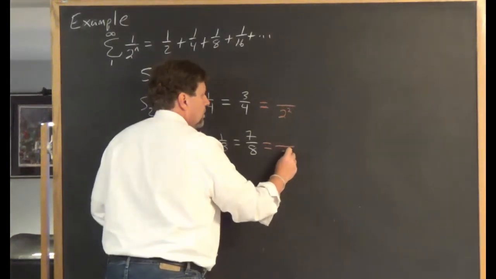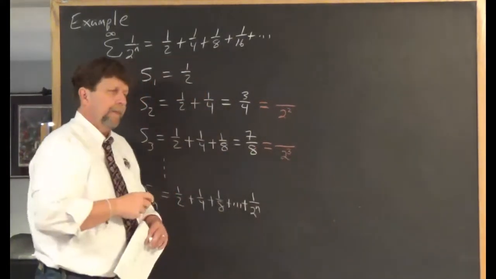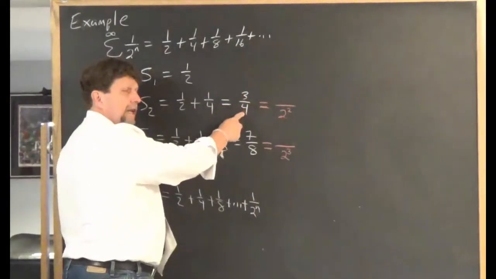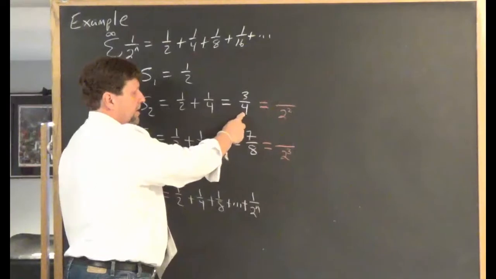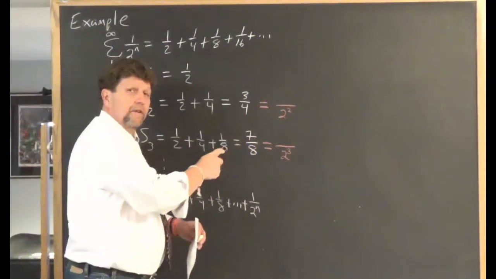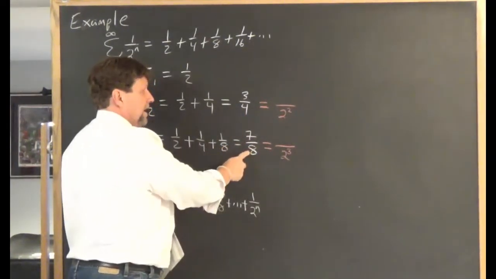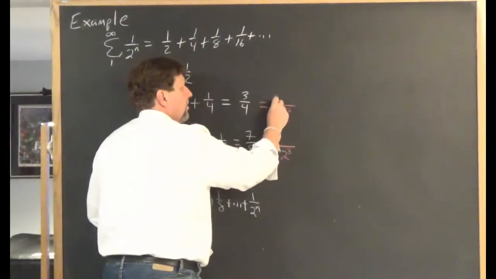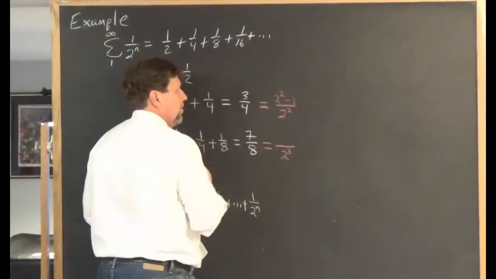Now let's look at the numerators. This numerator is 1 less than the denominator. And that numerator is 1 less than that denominator. So it looks like 1 less than the denominator. Well, I'd have a 2 squared minus 1 there.